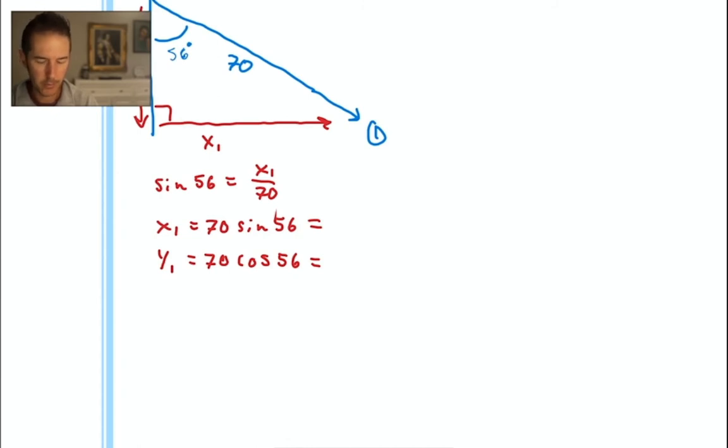Great, so I'm going to type 56 and then hit the sine button, and then times 70. And I got 58.03. That seems about right. The original force was 70 pounds of force, so I've got 58 in the downward direction. Let's clear that. Type in 56, and cosine times 70 equals 39.14.